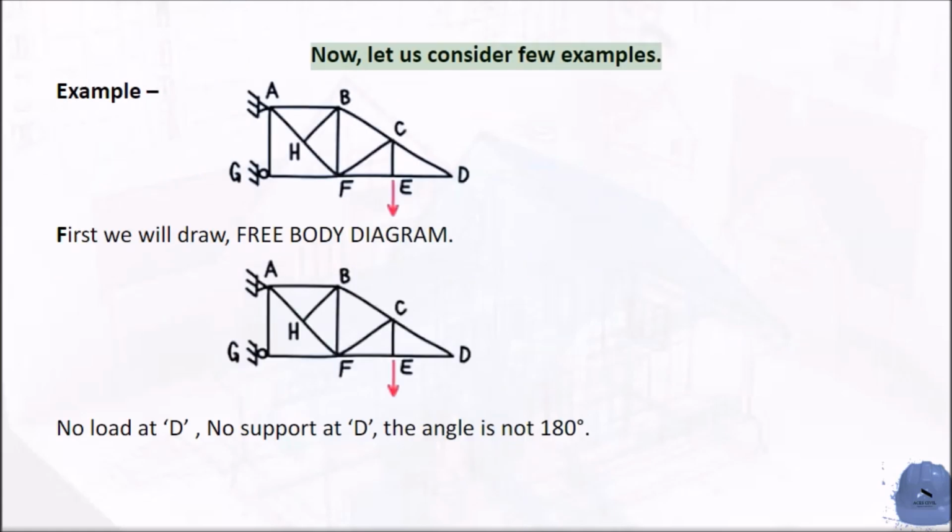Now, let us consider a few examples. Example: first we will draw the free body diagram. No load at D, no support at D. The angle is not 180 degrees.